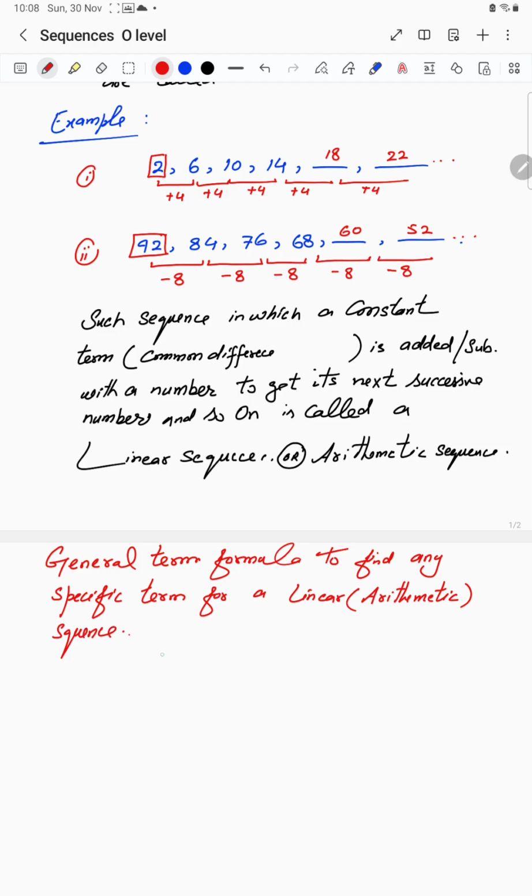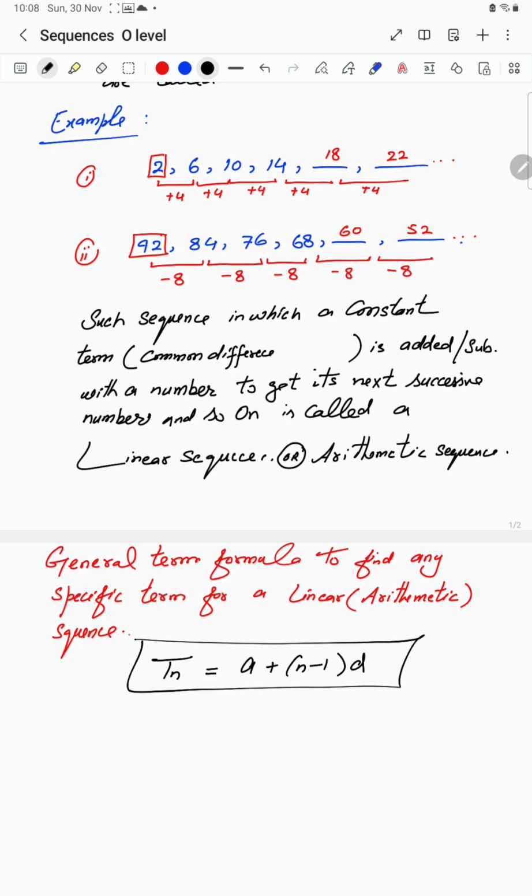So we can write Tn is equal to a plus n minus 1 times d. This is the formula. Whenever you have confirmed that the given pattern is a linear sequence, you can use this general formula to find any missing or specific term.